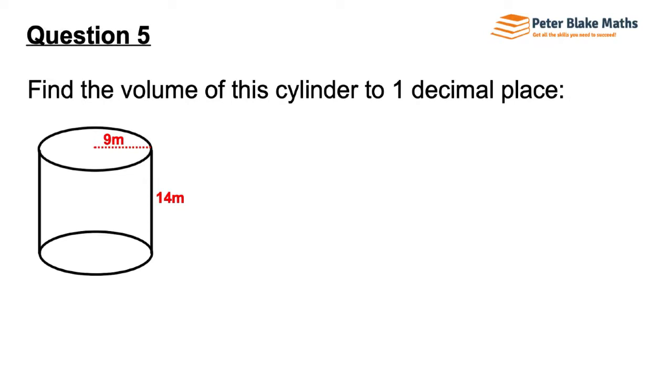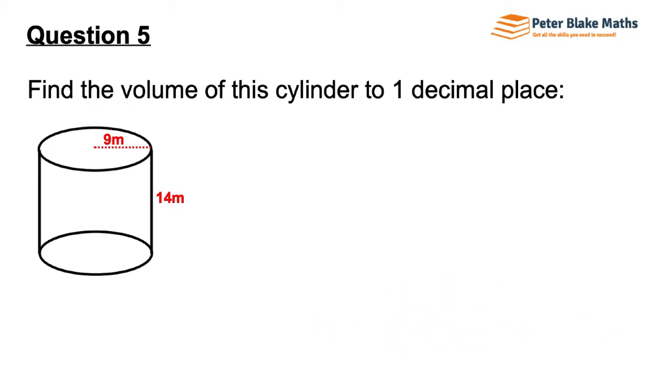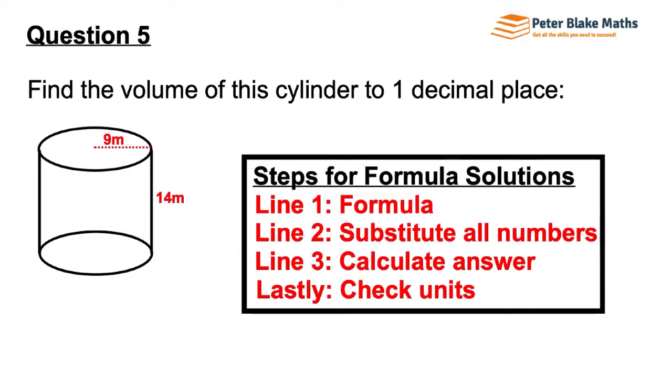Question 5. Find the volume of this cylinder to 1 decimal place. It's a formula question. We'll substitute all the numbers straight underneath, we'll calculate our answer, and we'll check our units.